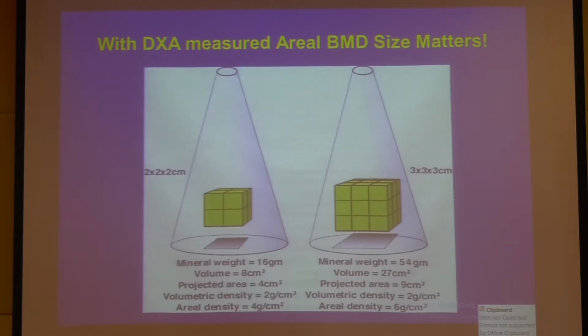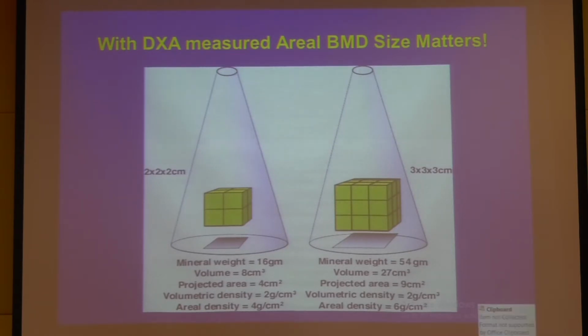So the mass is divided by the bone area. Here, the areal bone density of the big block is 6 grams per centimeter squared, whereas for the small block, it is 4 grams per centimeter squared. The volumetric density is identical, 2 grams per centimeter cubed.